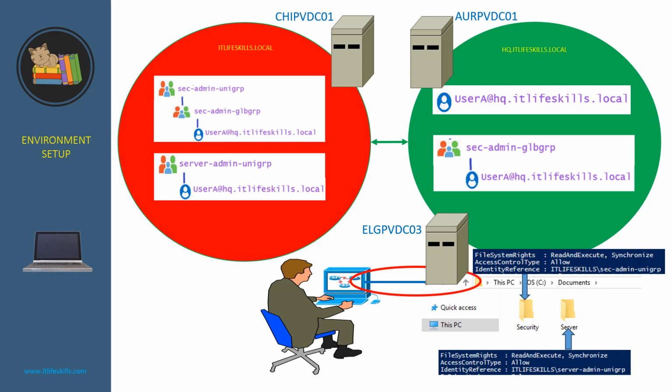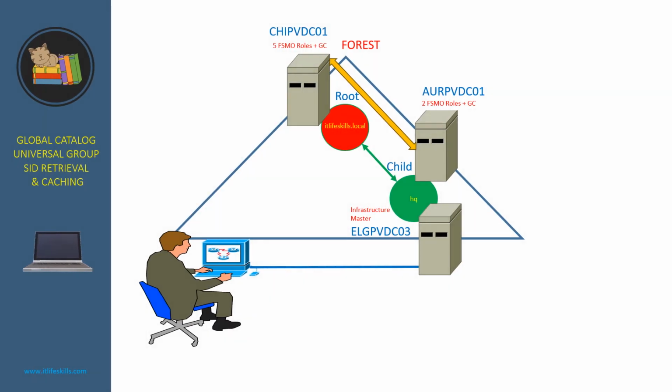Now, when user A logs on from a PC in Elgin site and is authenticated by LHPVDC03, let's analyze how the PC can generate a token that includes the sysid of the security admin universal group and the sysid of the server admin universal group.